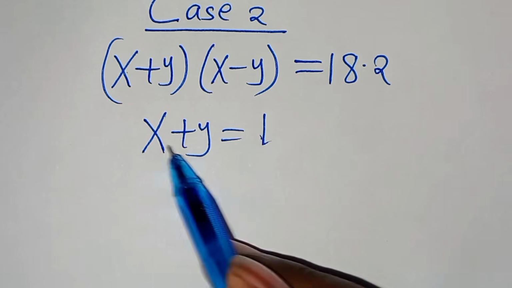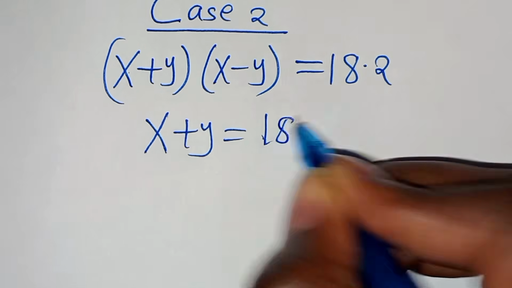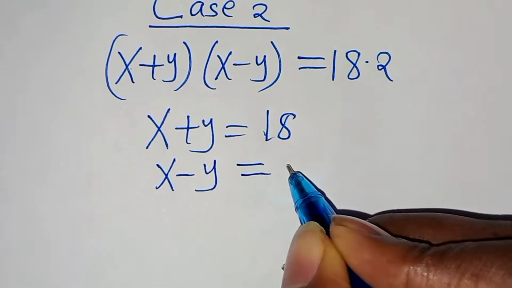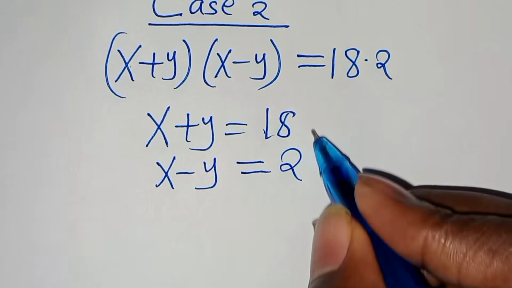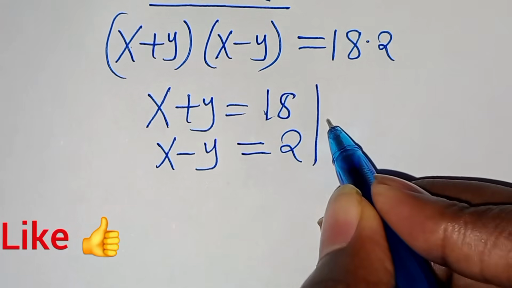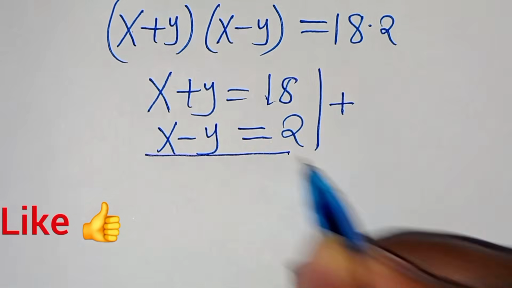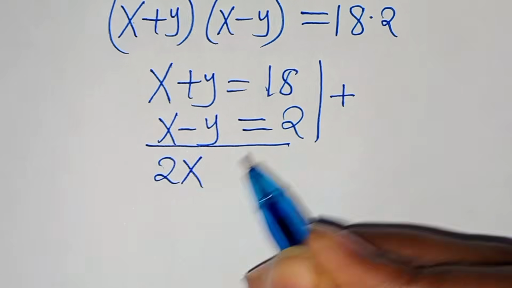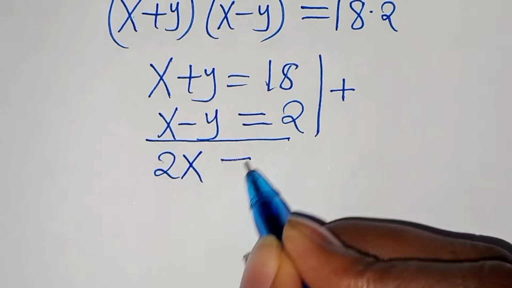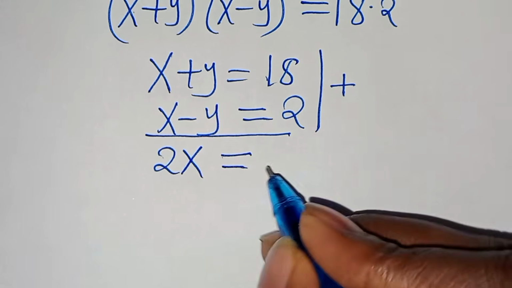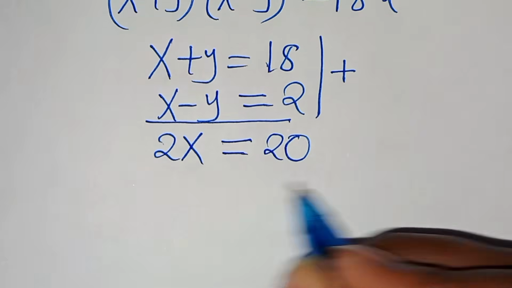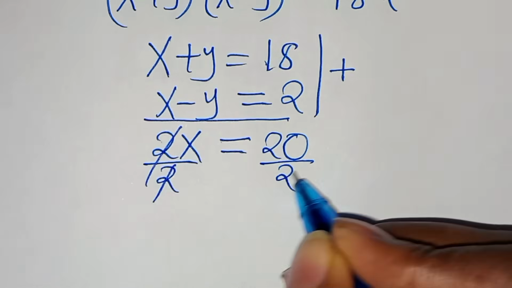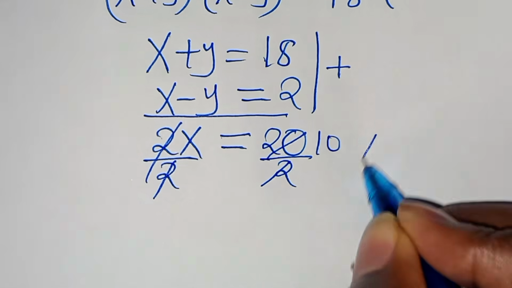So this means that x plus y is equal to 18 and x minus y is equal to 2. Again, these are systems of two linear equations, so let's sum them. X plus x is 2x, y plus minus y simplifies, and then we have 18 plus 2, this is 20. So let's divide both sides by 2, so that now the value of x here is equal to 10.